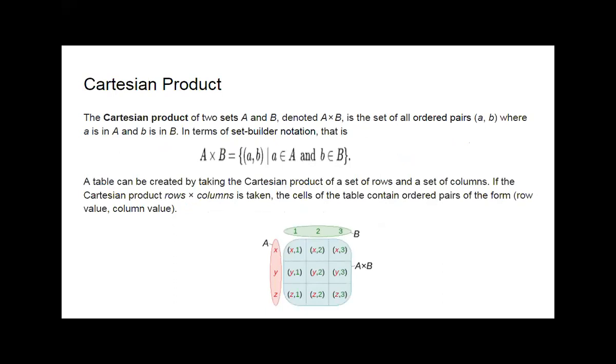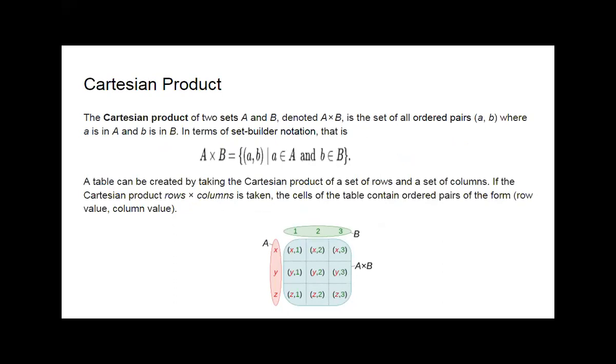Now this term is useful. The ordered pair term is useful for the Cartesian product, which is the most important operation on sets.